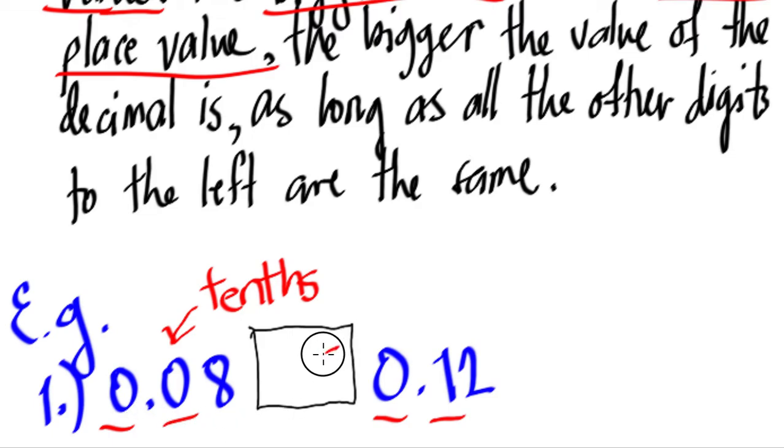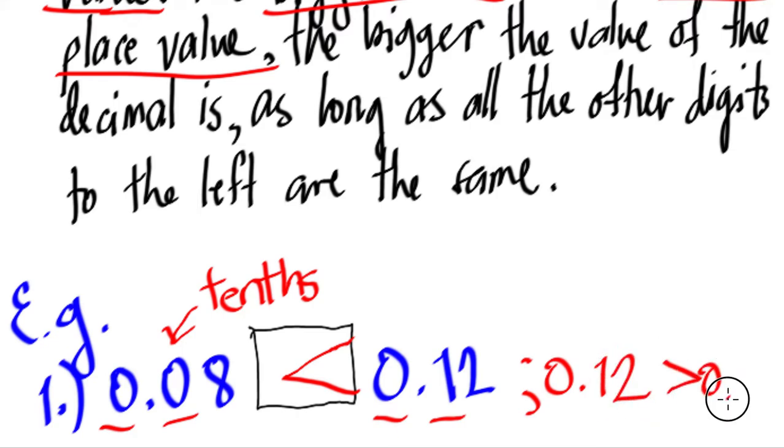So we say that 0.08 is less than 0.12, or it can also be written with 0.12 first: 0.12 is greater than 0.08. Or shall we say 12 hundredths versus 8 hundredths? So that's understood.